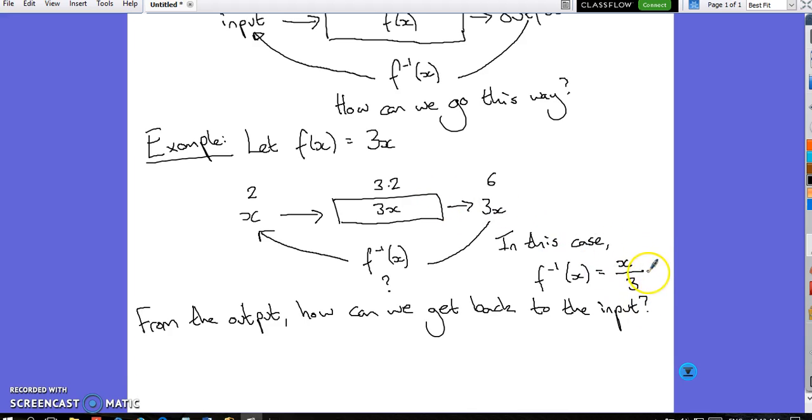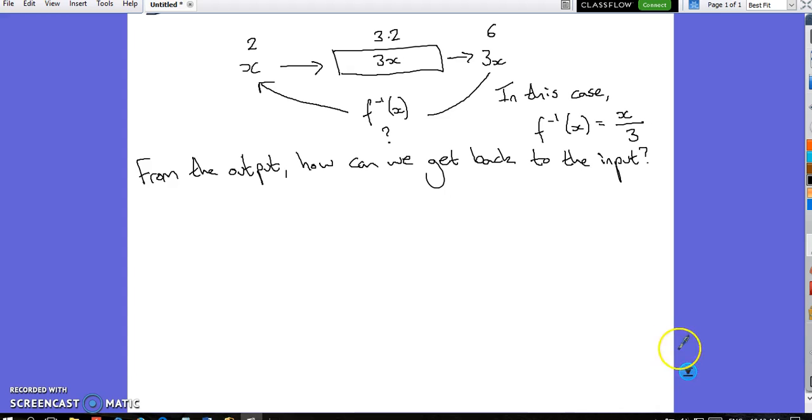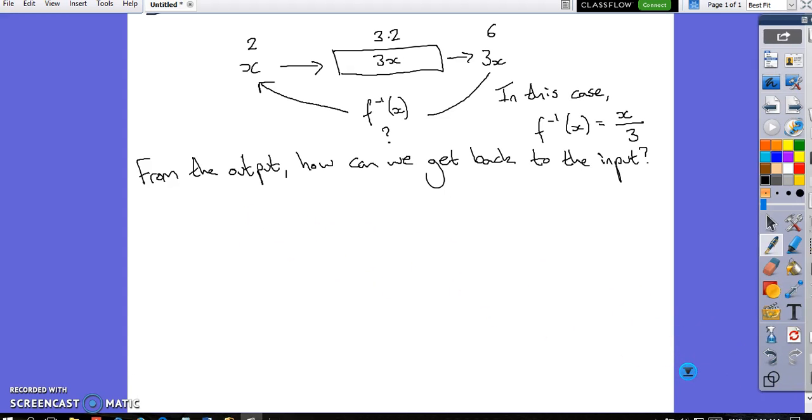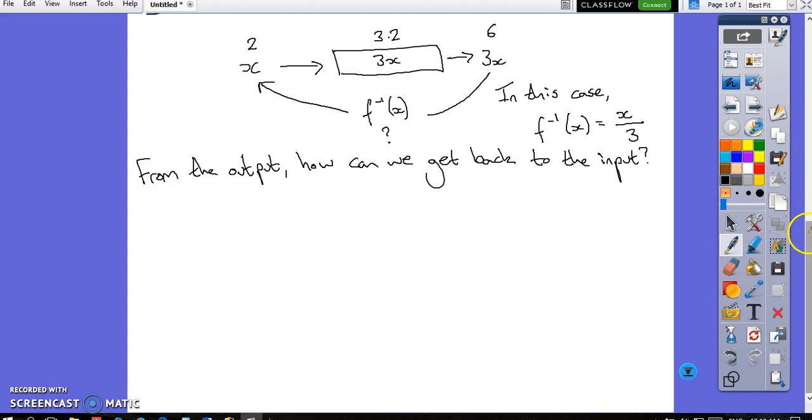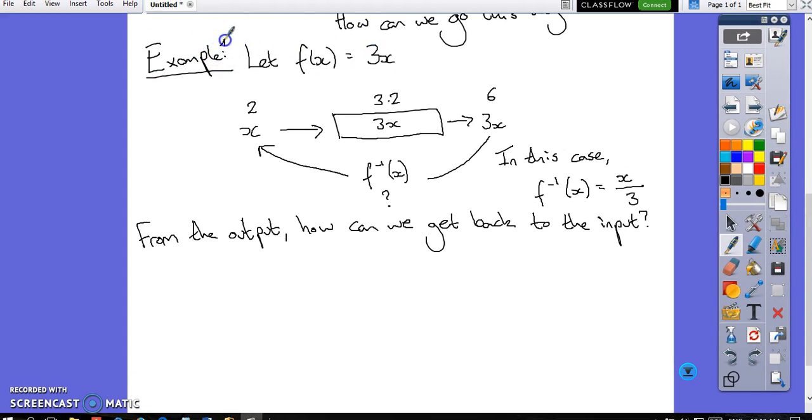And in this example that we had up here, it was really obvious, because here we multiplied by 3, going backwards we just divide by 3. With other functions, it becomes a little bit more complicated. Let's say that this one up here was example 1. And this one here can be example 2.